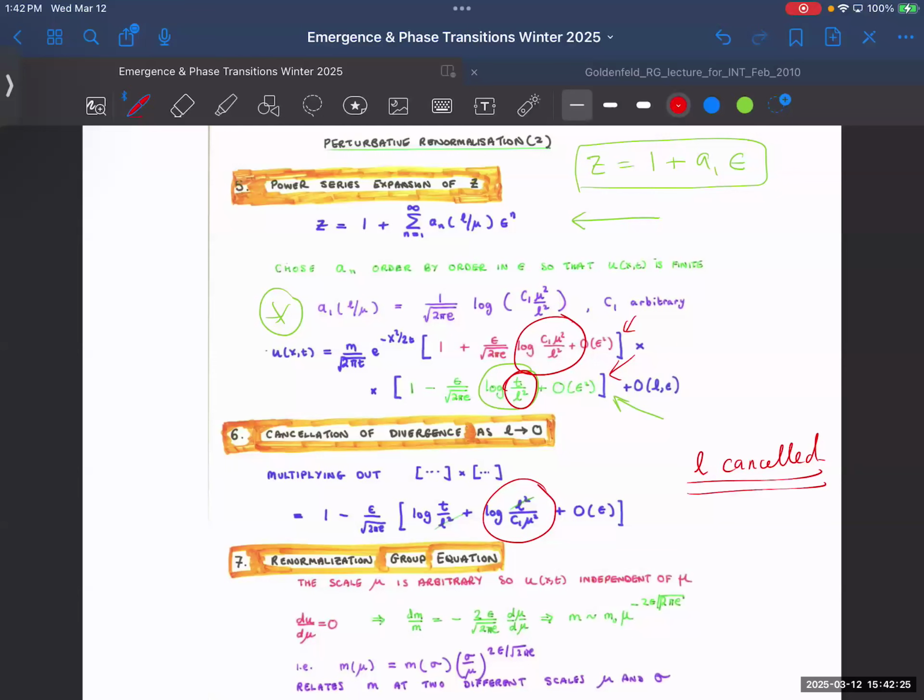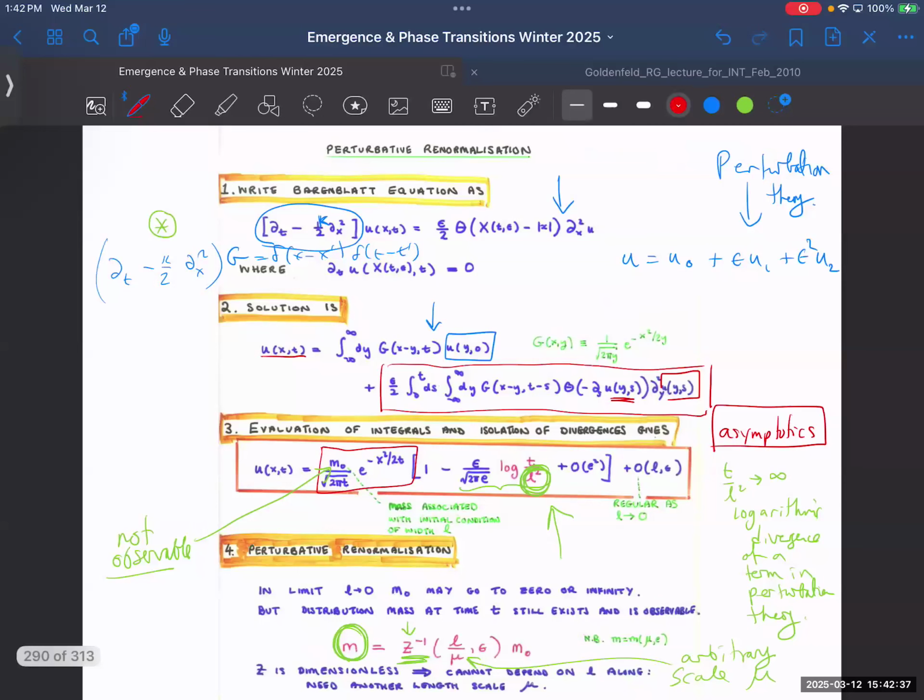Okay, why is this great? Well, the divergence is when t is a fixed number and L goes to 0. Here's my logarithmic divergence. You can see over here. I've obscured it with this. Let's get rid of that. Okay, there's my t over L squared. Keep t fixed, send L to 0.